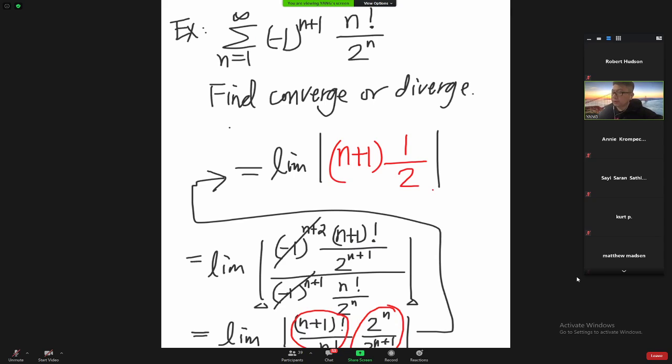Now where does this one go? Infinity. This one goes to infinity. So what happens to the original series? The ratio goes to infinity, so it's not absolutely convergent.